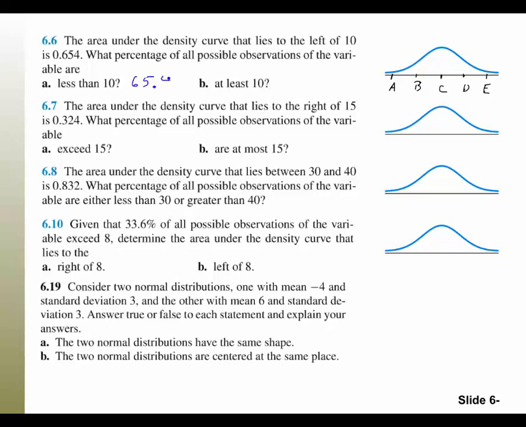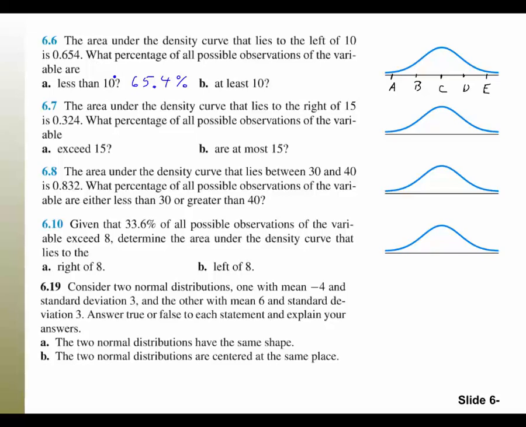Okay, so now the question is, and how'd you get that? 1 minus 0.654 or 100 minus 65.4. Right, perfect.